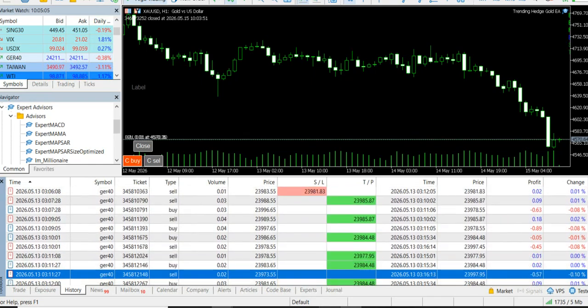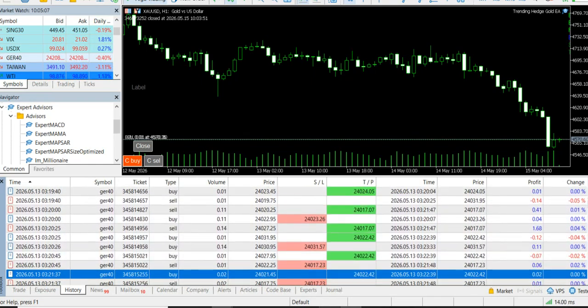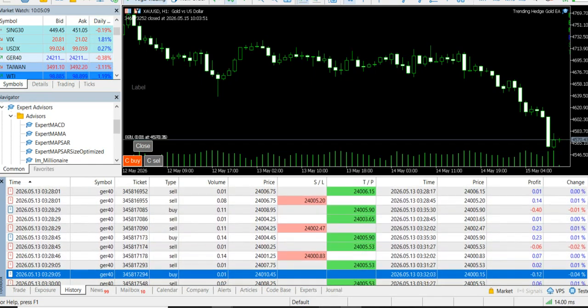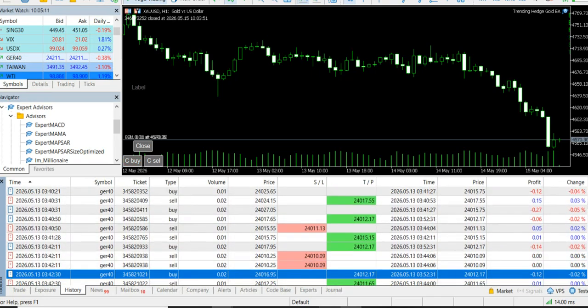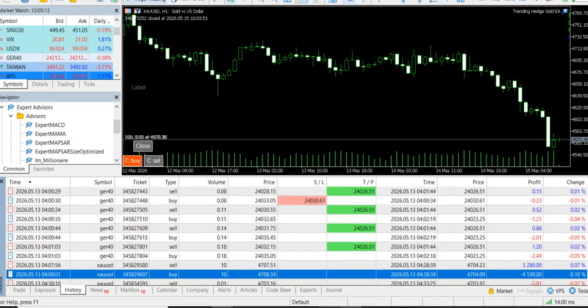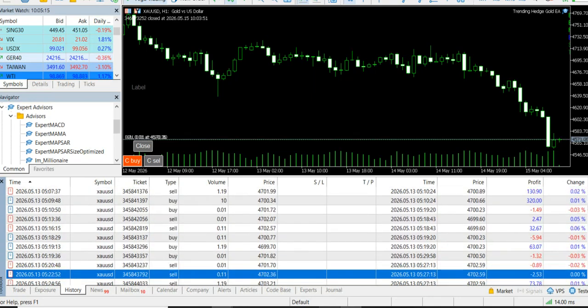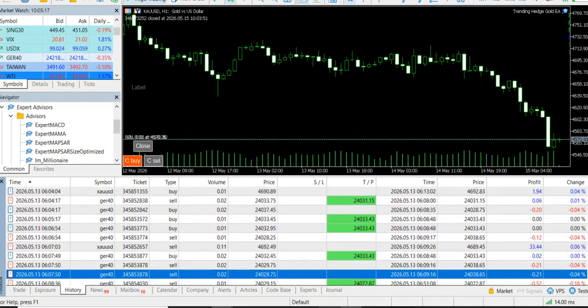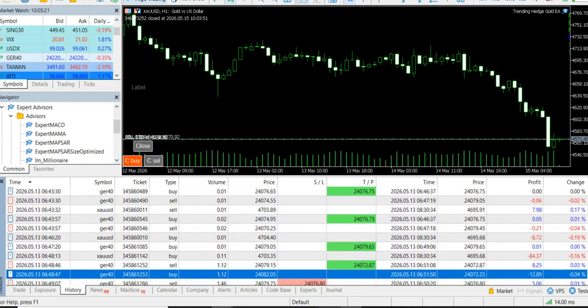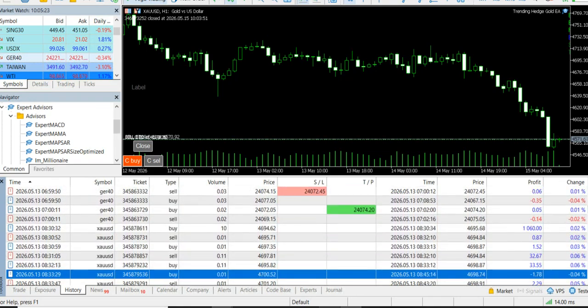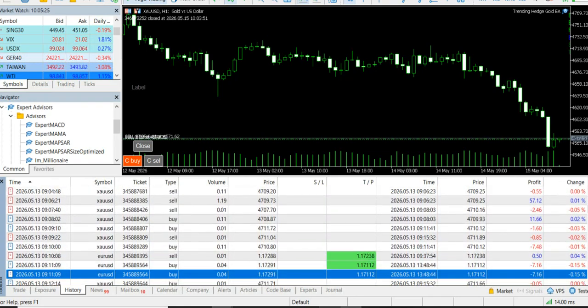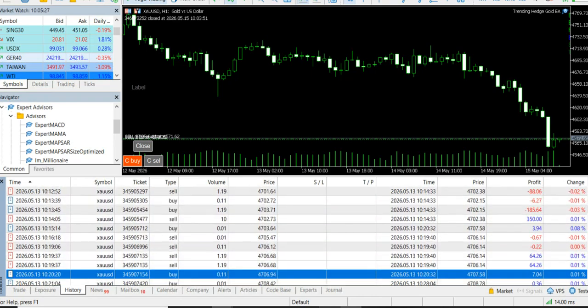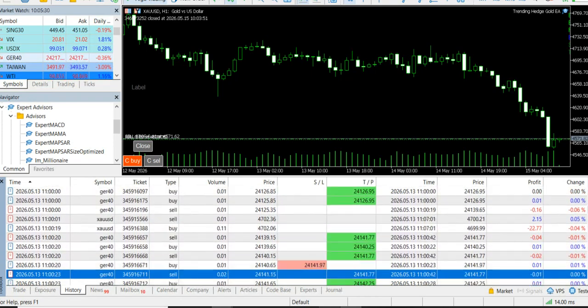Also, ignore the Germany 40 index, because this was just to check another expert advisor: whether that expert advisor is working, and whether this particular instrument, this index, is also working with that expert advisor or not. It's not about profitability; we have not created the setting for that particular expert advisor.